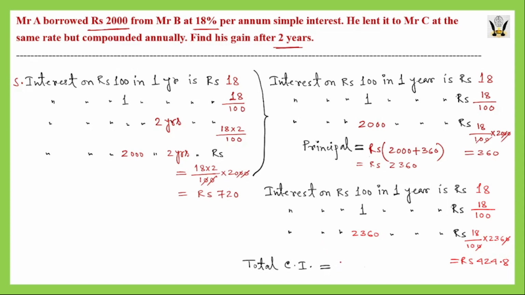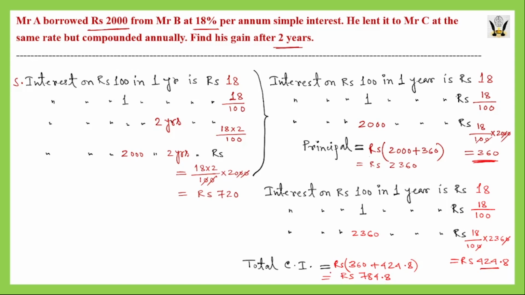So next, after 2 years the total compound interest we have to find. So total compound interest will be how much? In the first year the interest was rupees 360, and in the second year the interest is rupees 424.8.